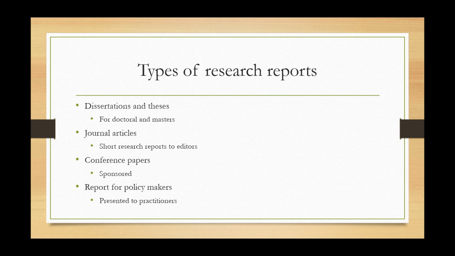For example, we have so many journals like ResearchGate, Science Direct, Google Scholar, a lot of journals that exist. So you polish your research, and these kinds of research reports are very short.